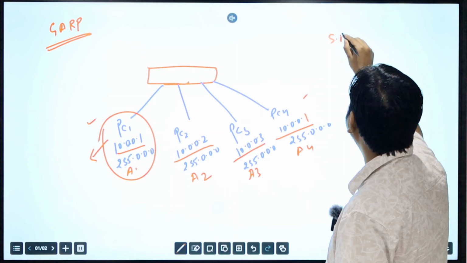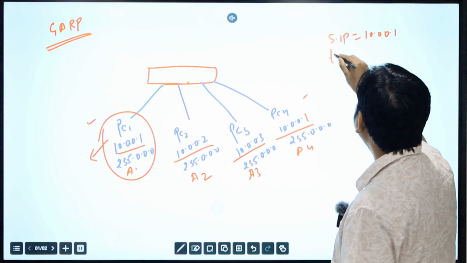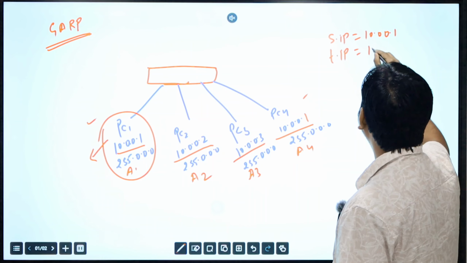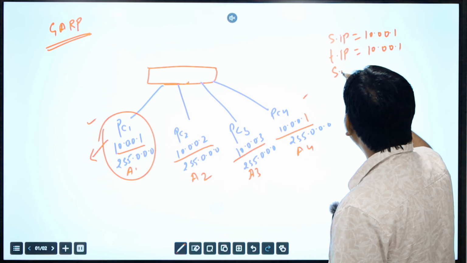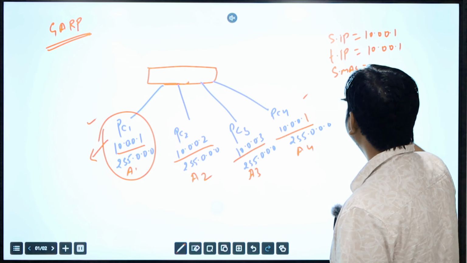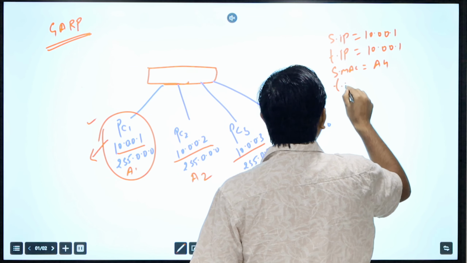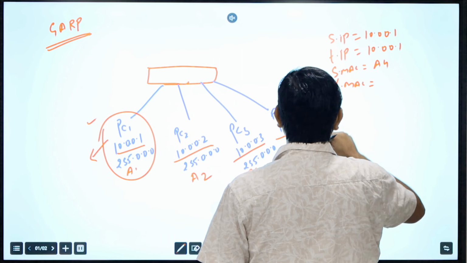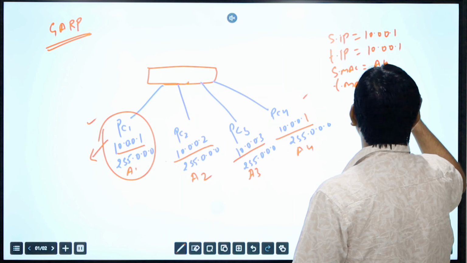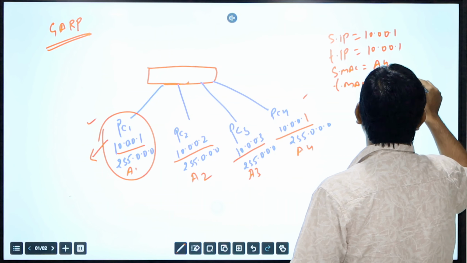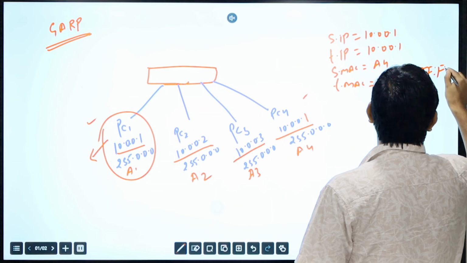There the source IP will be 10.0.0.1 and the target IP is also 10.0.0.1. Source MAC is A4, and the target MAC will be the broadcast MAC address, that is 12 times F.